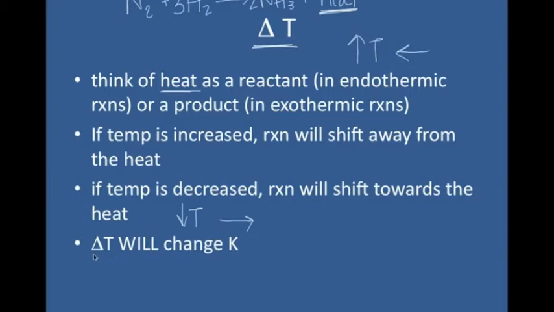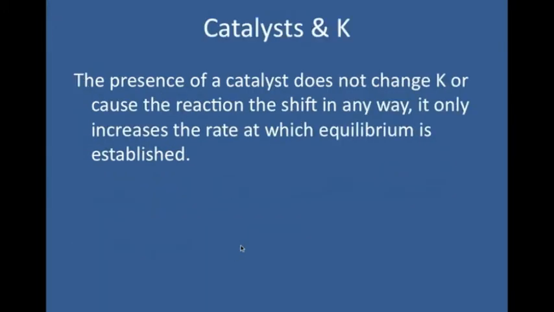Now, the biggest thing to remember about changing the temperature, it is one of the few things that actually will change the value of K. And that's why when you're looking at questions, they always say, this reaction has this K value at this temperature. Or maybe they'll go more general and say at a certain temperature. But they always mention that it's at a specific temperature, because if you change the temperature, then the K value is going to change and you have to deal with that.